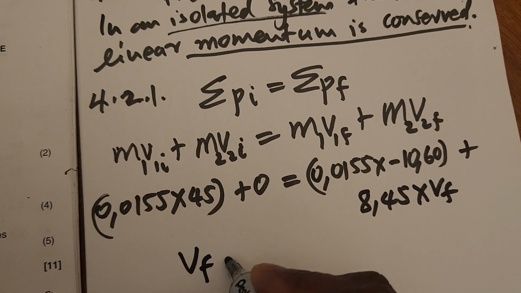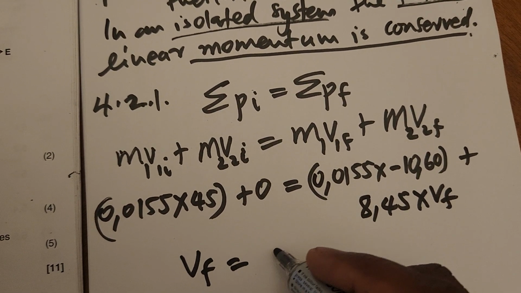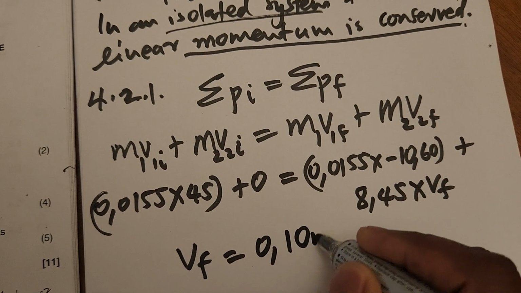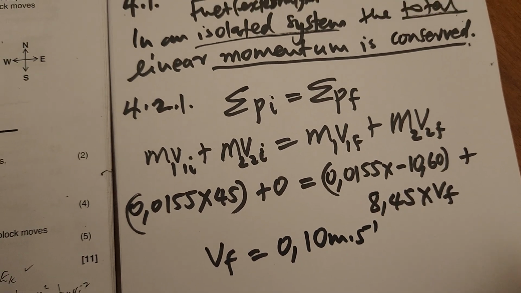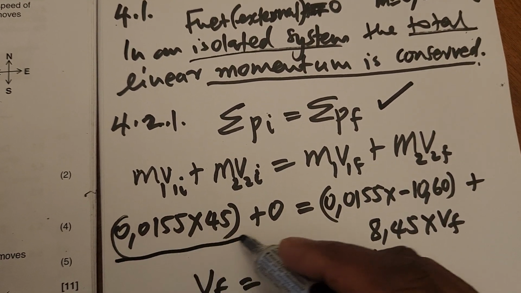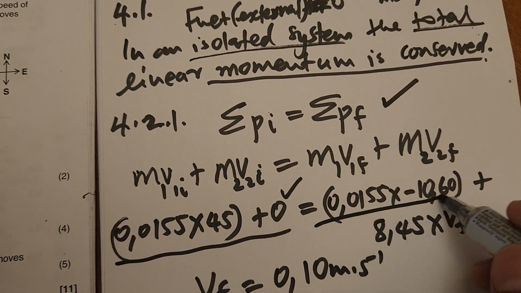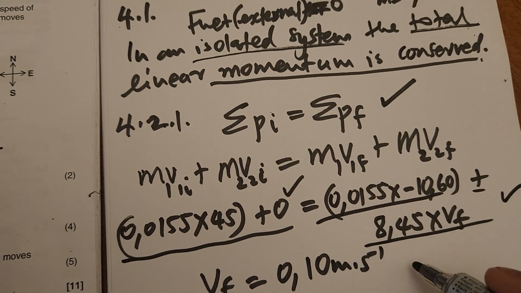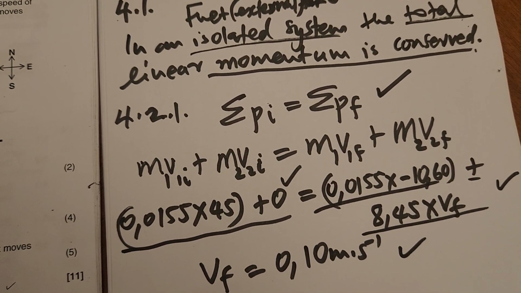If you use your calculator, you will find vf equals 0.10 meters per second. You get 4 marks there: 1 mark for stating the principle, 1 mark for substitution on the left, 1 mark for substitution on the right, and 1 mark for the answer.